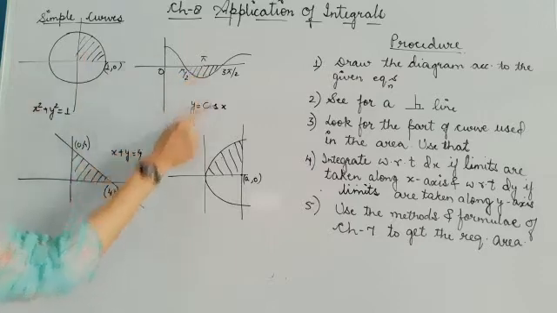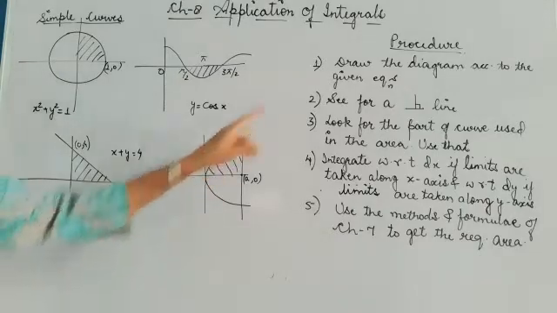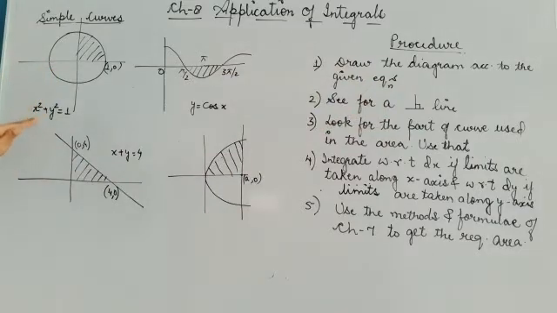This is your shaded area, that means this is the region whose area you need to find. First step, draw the diagram according to the given equation. This was the given equation and I have drawn the diagram according to it. The center lies at the origin (0, 0) and the radius is 1, that's why I have drawn it like this.